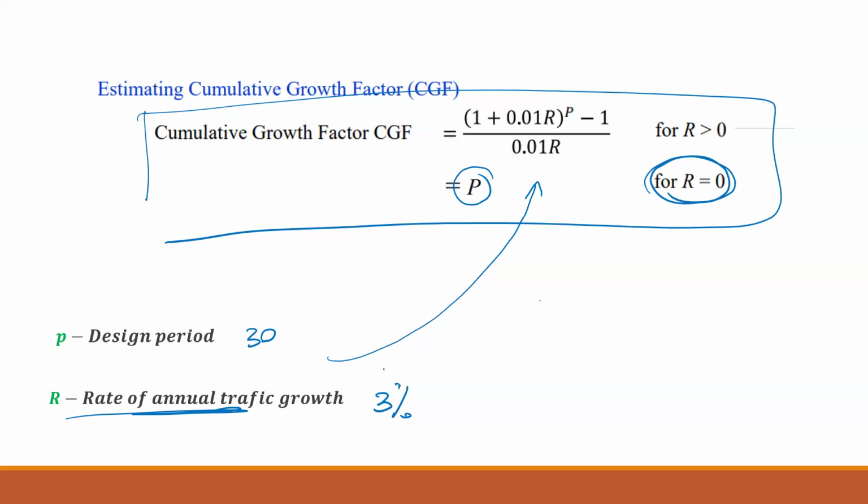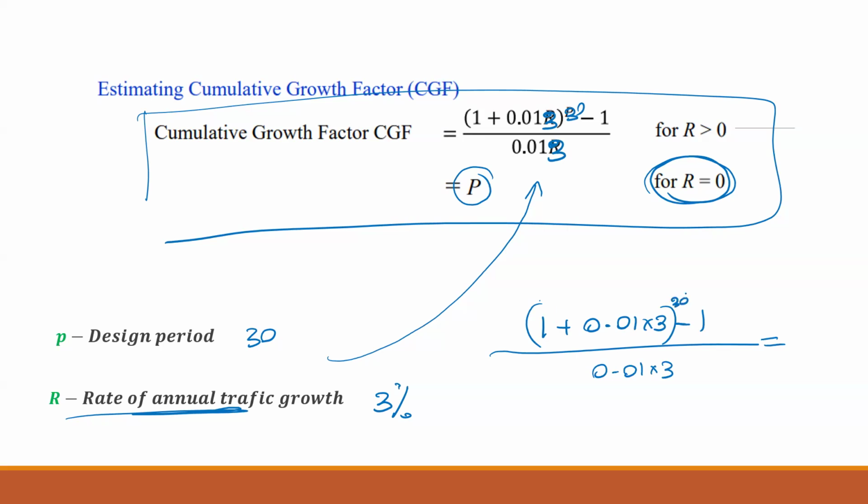You just put 3, okay? Not the percentage. R is 3 in your case. So 1 plus 0.01 times 3, to the power 30, minus 1, divided by 0.01 times 3. What do we get? 47.6. Do we get this? 47.6? Okay. So we know everything now.